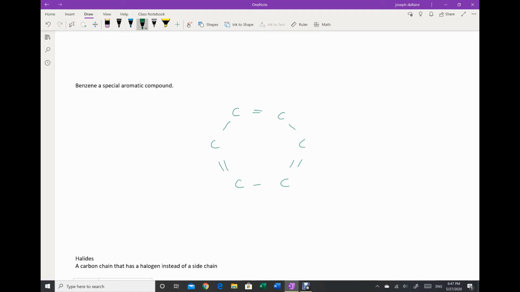So here we can imagine that each one of these carbons is an sp2 or a trigonal planar hybridization. What that means then is each one of these angles would be like 120 degrees, with the third spoke on the 120 degrees holding a hydrogen atom off in the same plane as the molecule.